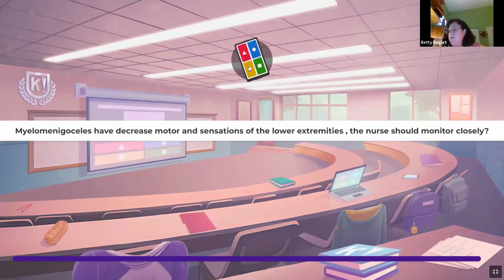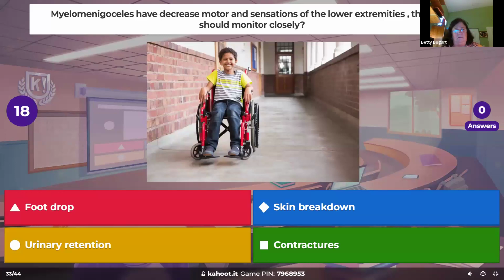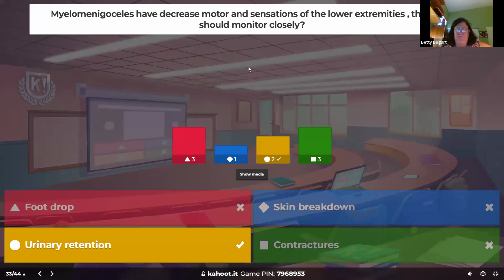The nurse should monitor closely what? It's all about urine and stools. Now, can they get skin breakdowns, contractures, foot drops?